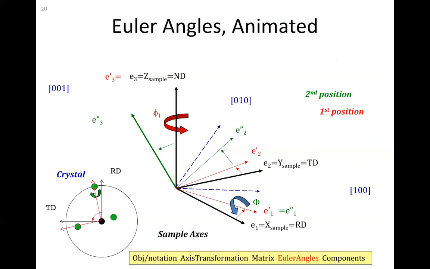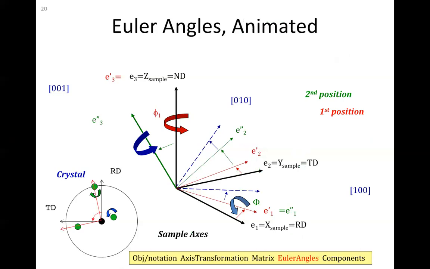E3 prime into coincidence with our 001 sample direction. So now our sample normal direction is now aligned with our crystallographic 001 direction.